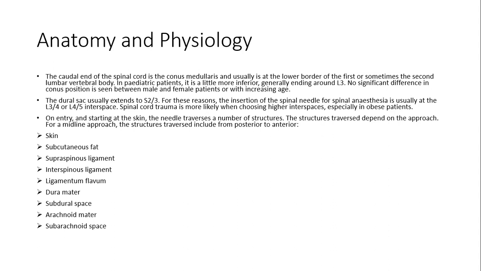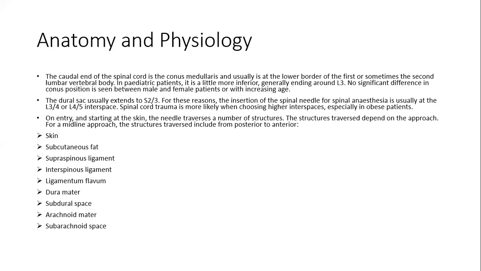On entering, going from posterior to anterior, there are different levels of structures you will encounter. If you're starting with the midline approach, you start posteriorly with the skin, which will require a very strict aseptic technique. Then you traverse the subcutaneous fat, supraspinous ligament, interspinous ligament, then the ligamentum flavum.